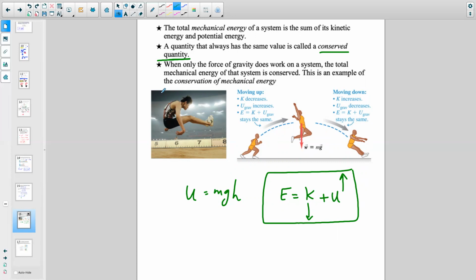If these are the cases, and you don't have any type of friction or air resistance, then your E, or total mechanical energy, is conserved.